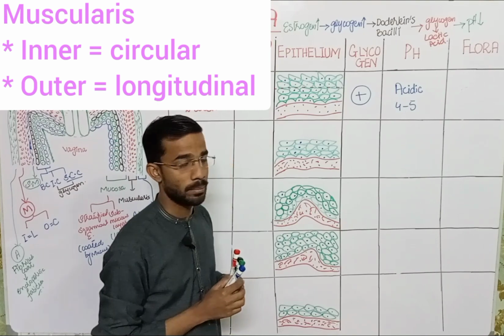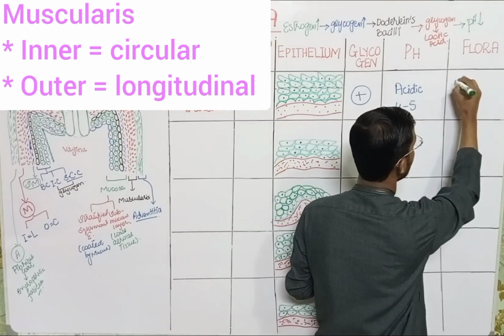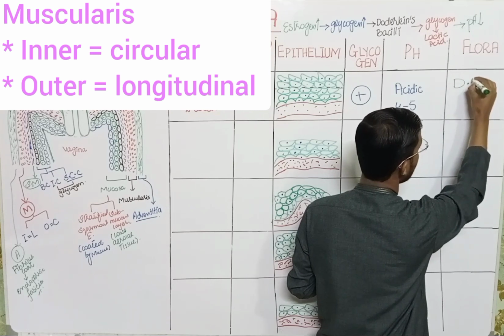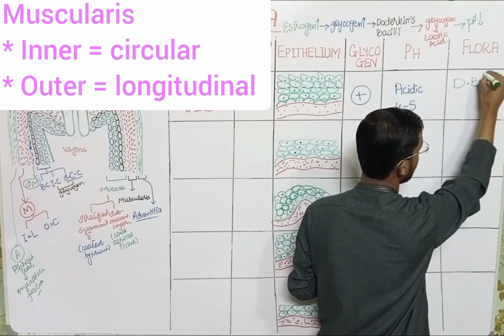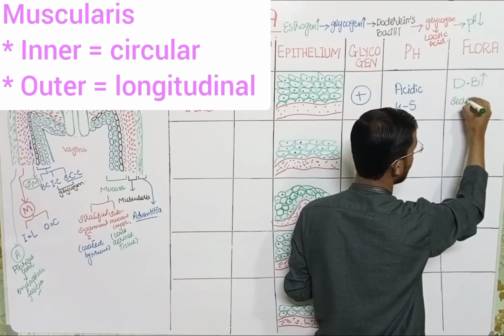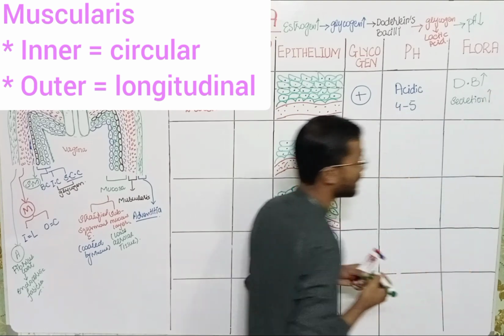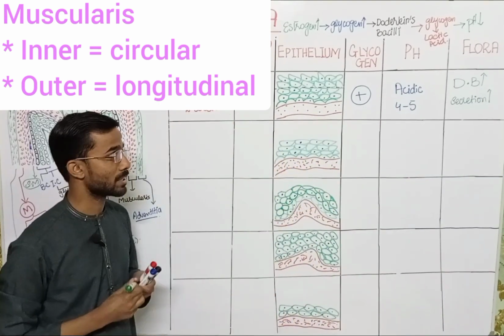It is actually acidic pH. And in that situation, you will see the growth of the Doderlein bacilli, and you will see the secretion of the vagina also increased. So this is the case.